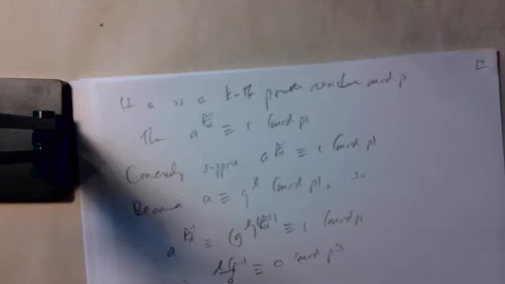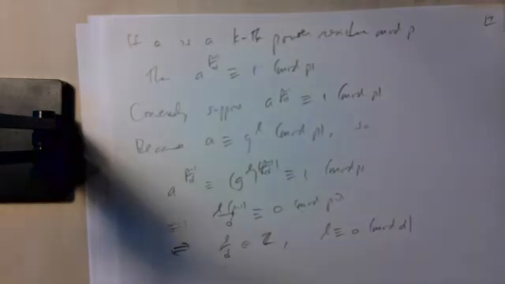This happens only if L over d is an integer, which is the same as saying that L is congruent to 0 mod d, which is the same as saying that a is a kth power residue.